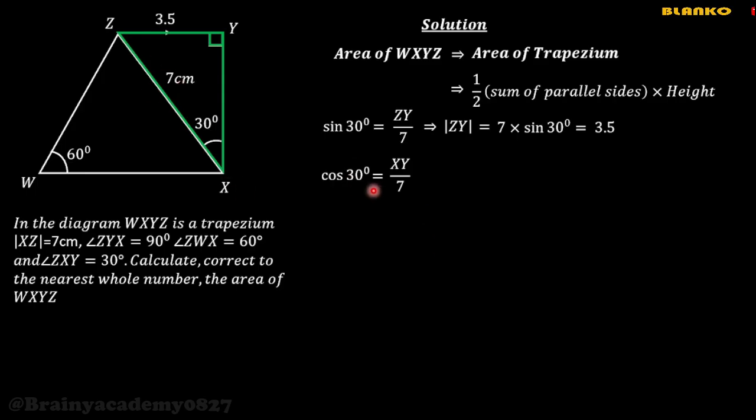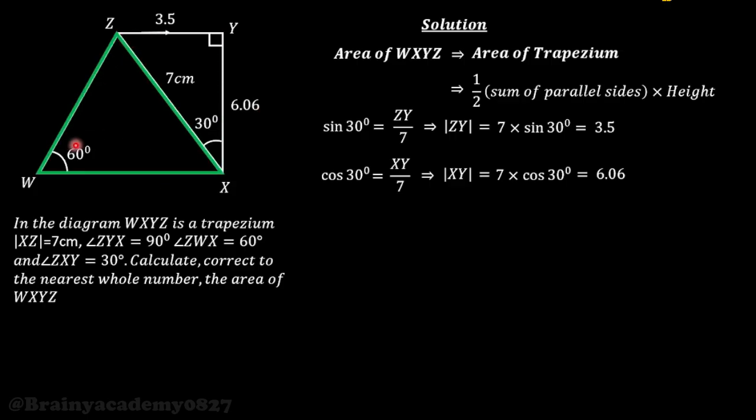So XY is equal to 7 times cos 30 degrees, which gives us 6.06. So the length XY or YX is 6.06.